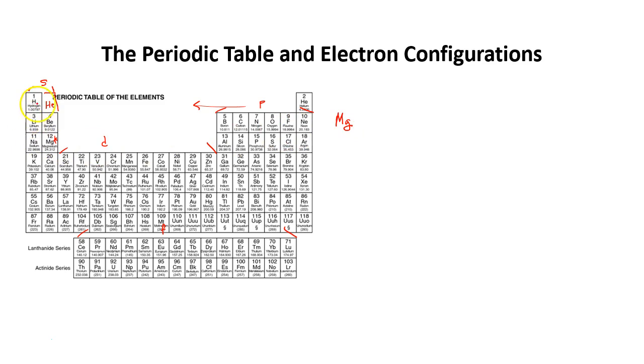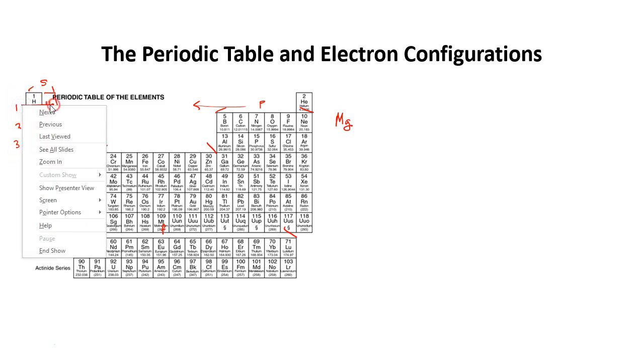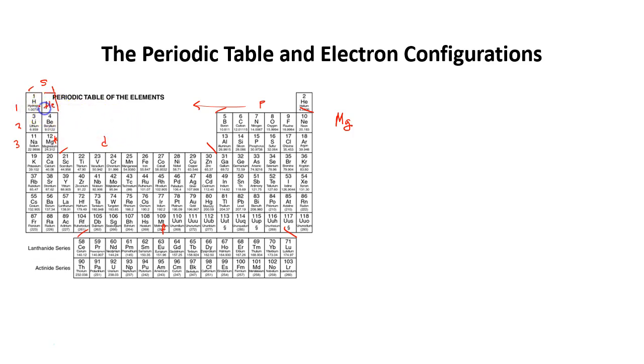So of course we start at the lowest energy level. This is 1s, 2s, 3s. Magnesium is in the third energy level, so we have to go from the first energy level to the third energy level. So in the first energy level, we have 1s atomic orbital. So we're going to fill all the electrons in that atomic orbital. So that's 1s2.